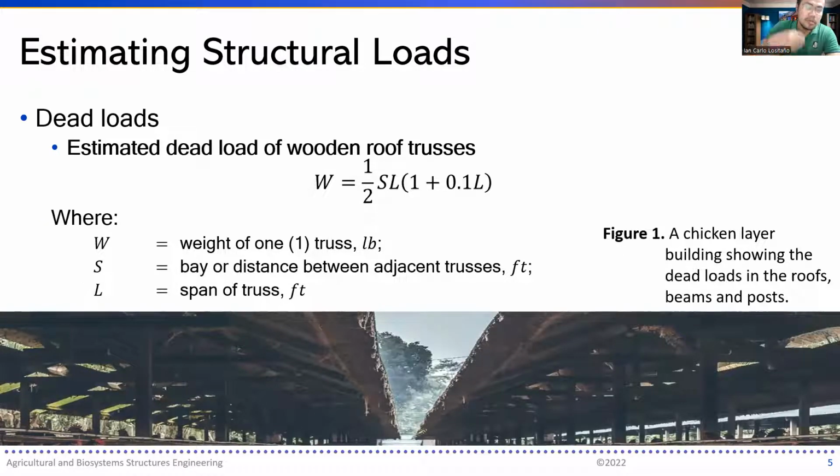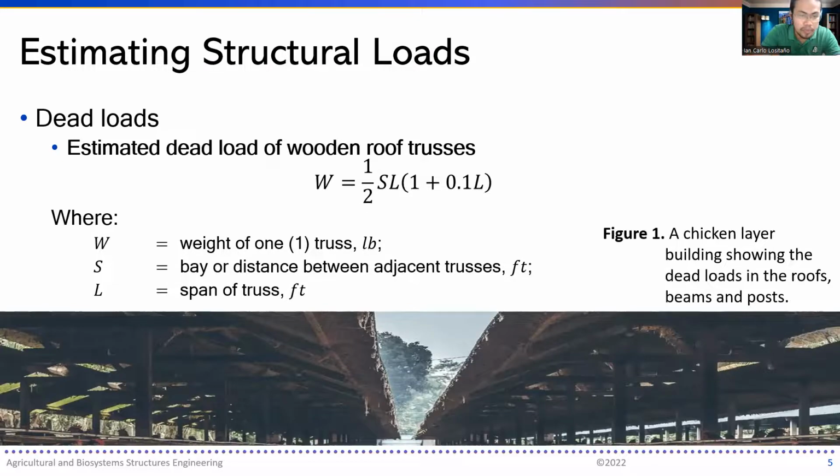Again, for the dead load of wooden roof trusses, we have a formula that can be used. W is the weight of one truss, S is the bay or distance between adjacent trusses in feet, and you have the span of the truss, also in feet.